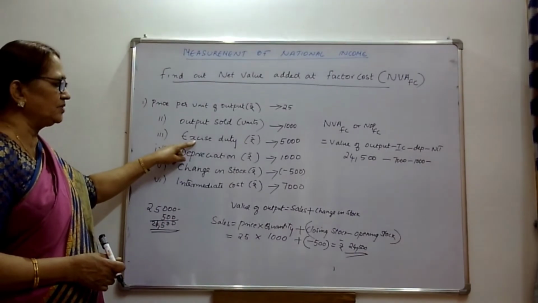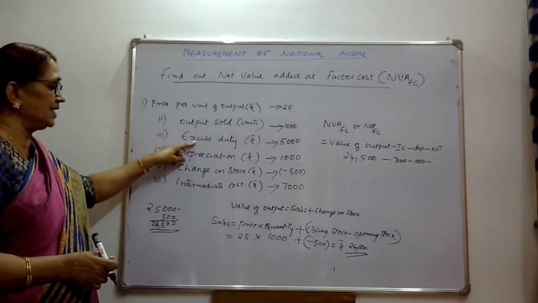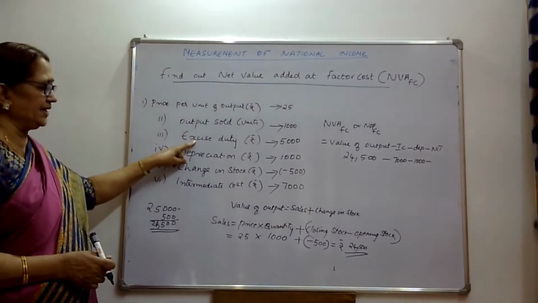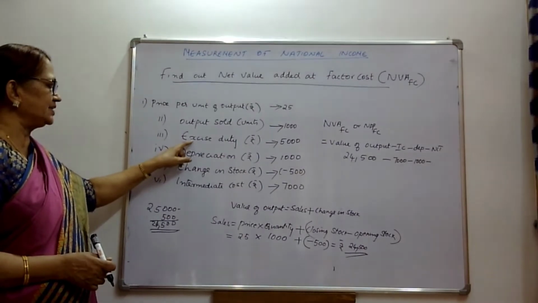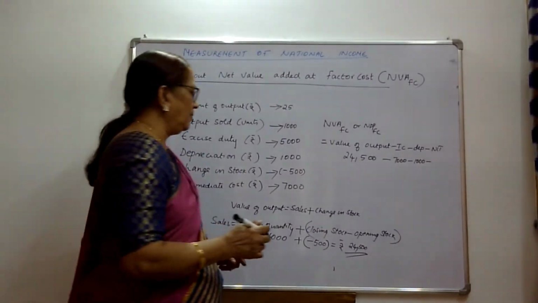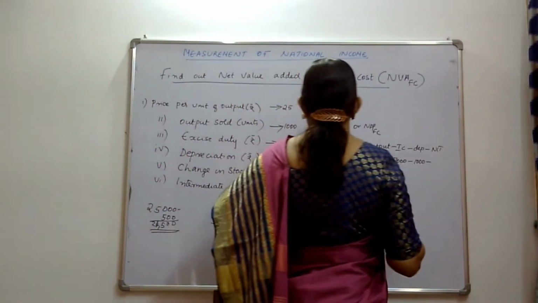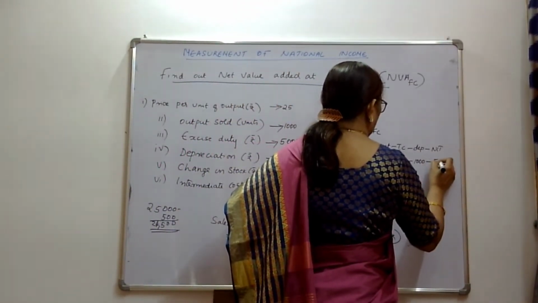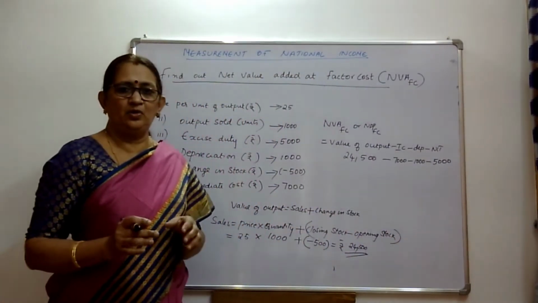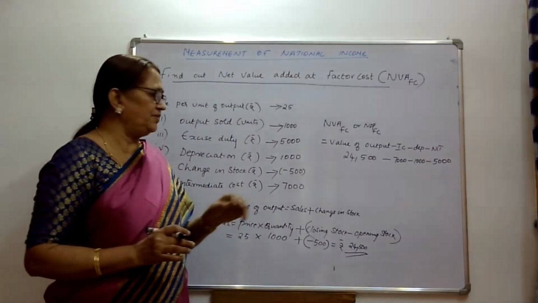So 24,500 minus 7,000 minus 1,000, that is depreciation, minus net indirect tax. In that only excise duty is given, subsidy is not given. So subsidy is 0. So minus 5,000. Otherwise, as you know how to do the mathematical problems, we can do one thing.